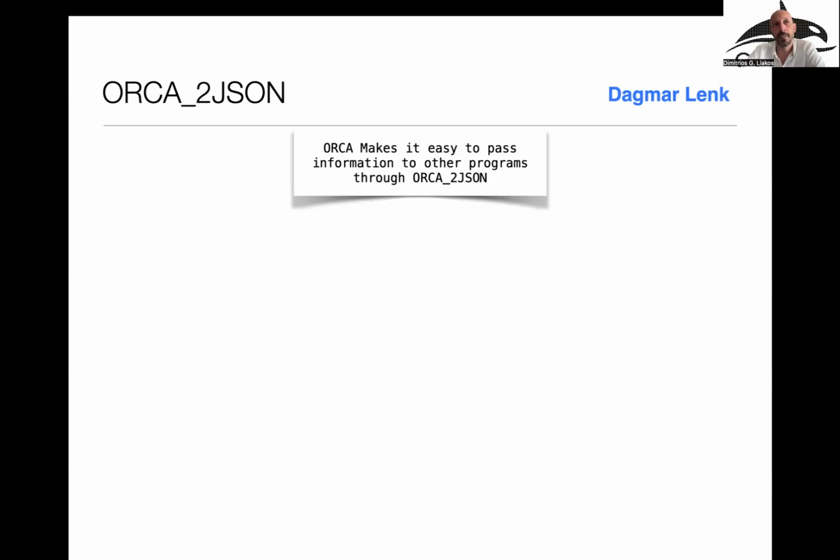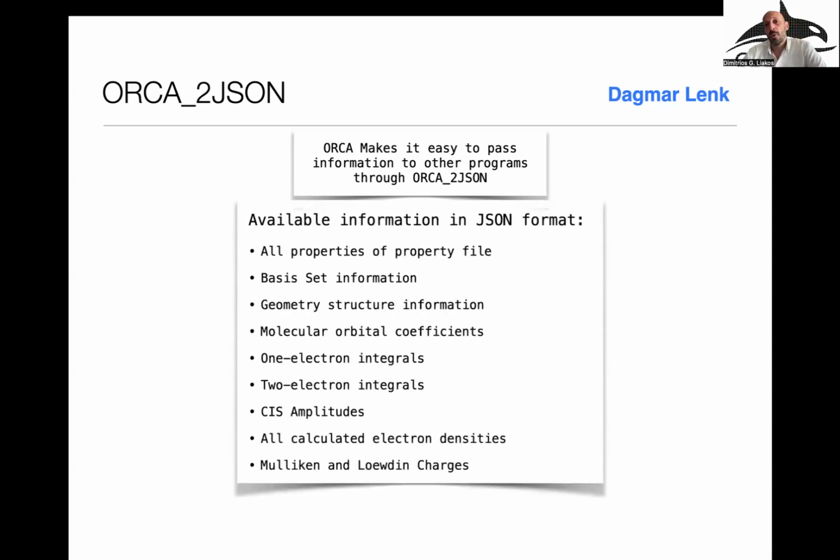It's a standardized format in the industry, and languages like Python know immediately how to deal with it. So people might want to use JSON. ORCA to JSON can convert to JSON format all the properties of the property file. Whatever is in the property file can immediately be converted to JSON.